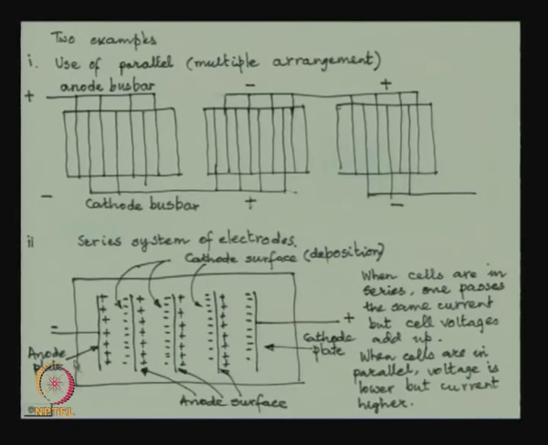This is another very interesting way sometimes electrolysis can be carried out. It is that there is a whole lot of electrodes put in like this. One side is anode area, this is cathode area, this is anode, cathode, anode, cathode, anode, cathode, anode. So, if we suspend in the electrolytic pot a number of electrodes like this, then metal will be deposited on these surfaces only.